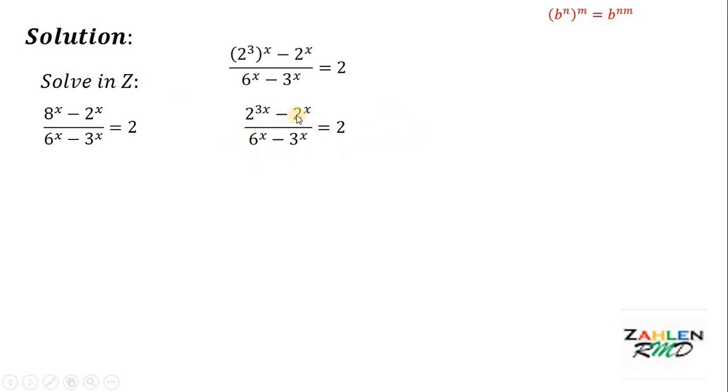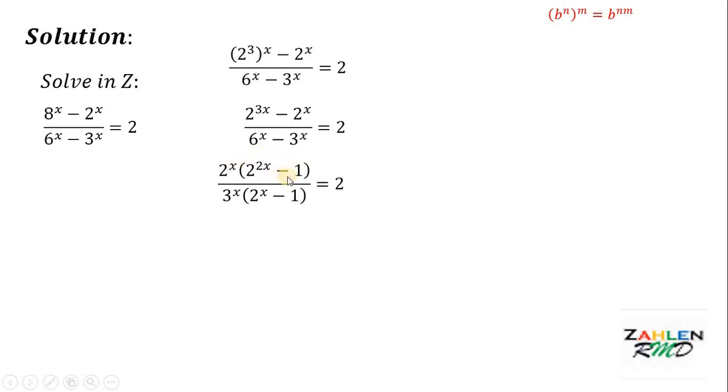Now at this point, we can factor out 2^x on the numerator and 3^x on the denominator. If we do that, we get 2^x multiplied by (2^(2x) minus 1). On the denominator, we have 3^x multiplied by (2^x minus 1), since 3^x times 2^x gives us 6^x.